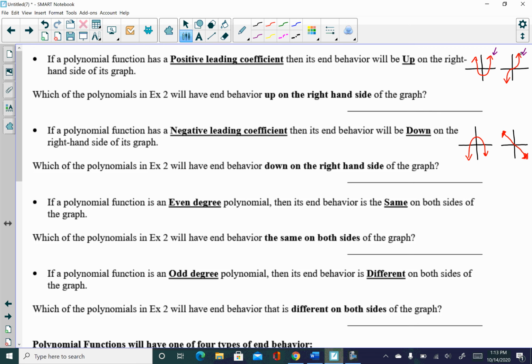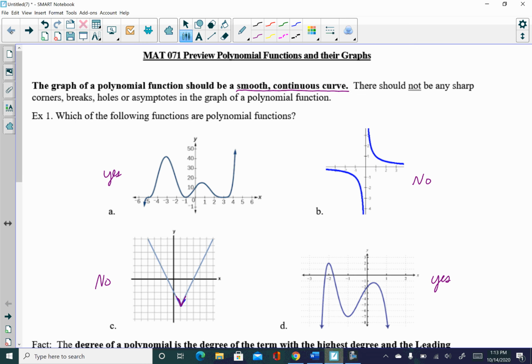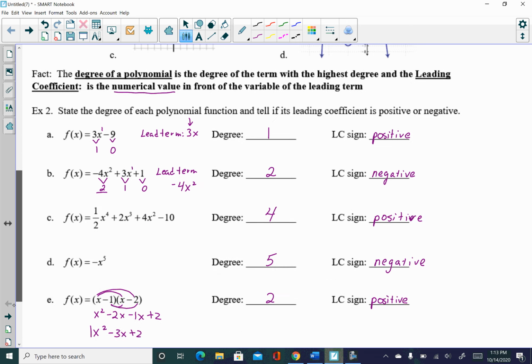So if we go back and look at example 2, we want to figure out which of those polynomials, we can identify them by the letters A through E, will have up end behavior on the right-hand side. So we need to go back and focus on which of those graphs on the previous page had a positive leading coefficient. If we flip back over, which ones had a positive leading coefficient?